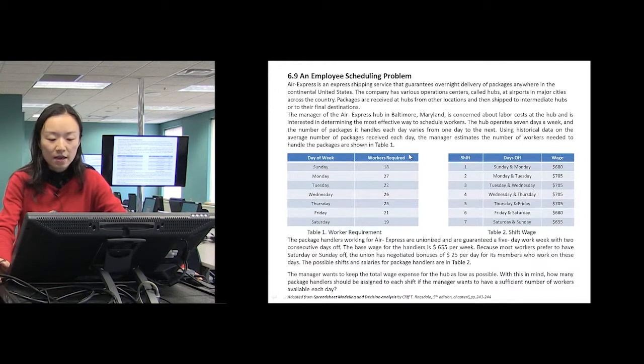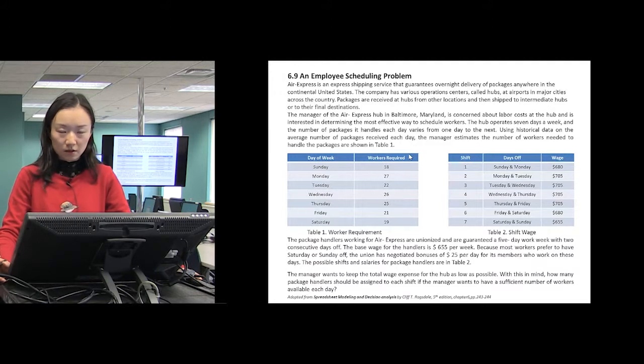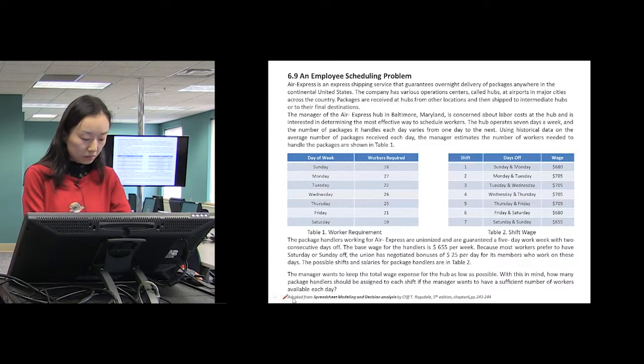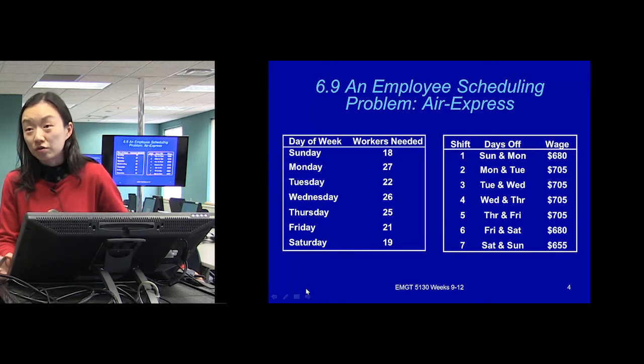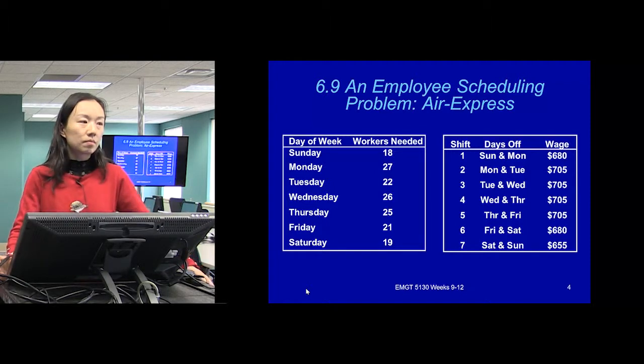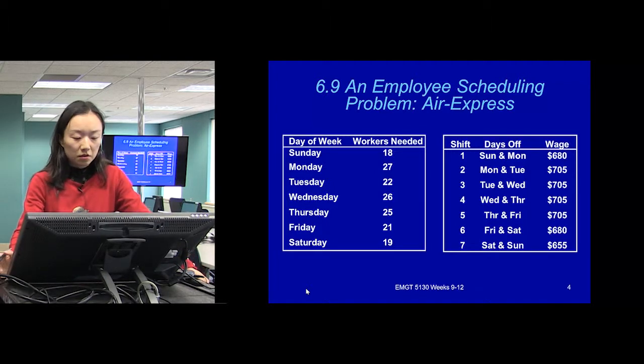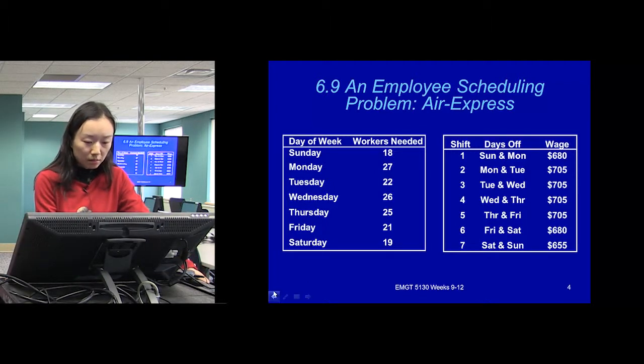With this hint, this is the basic information. So what decision variable should we use? The number of workers per shift.